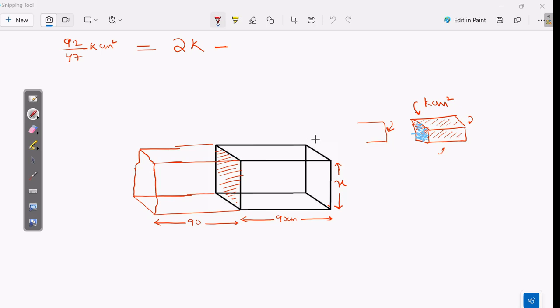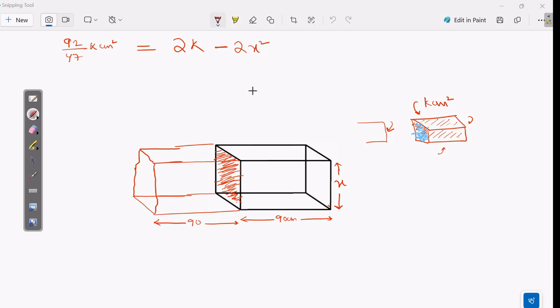What will be the area of this square? You know that the side is x, so the area is x square, because we have assumed that the side of the square is x, and you have to subtract for two surfaces, so 2x square.